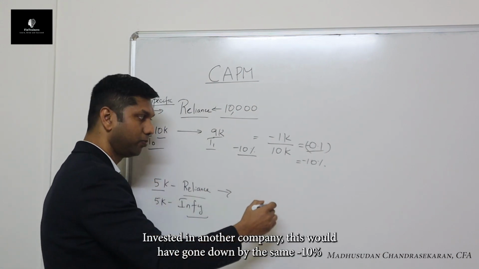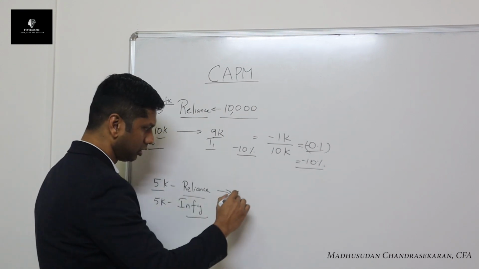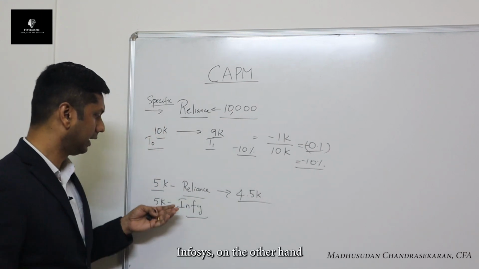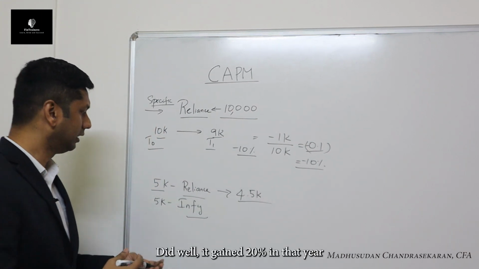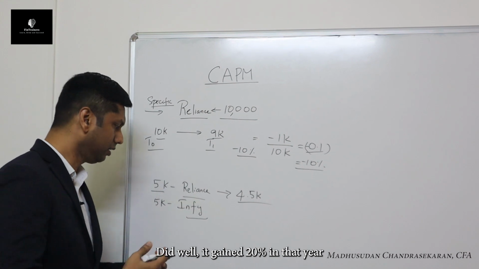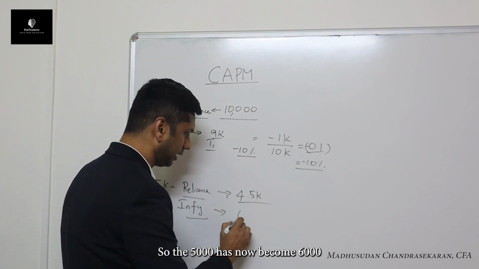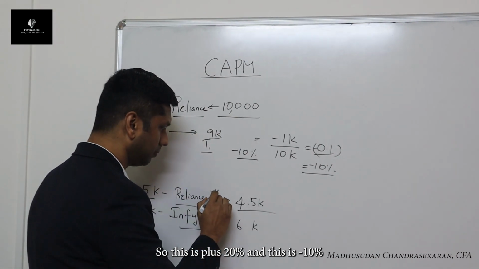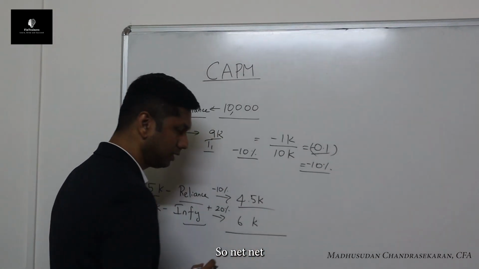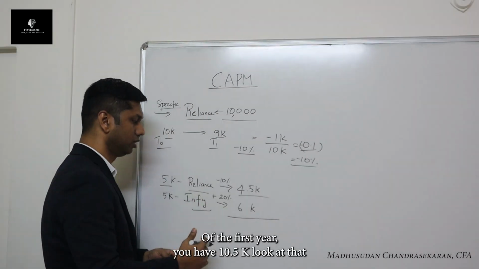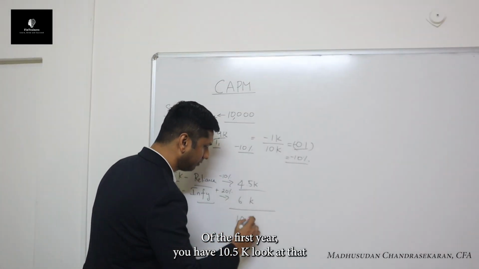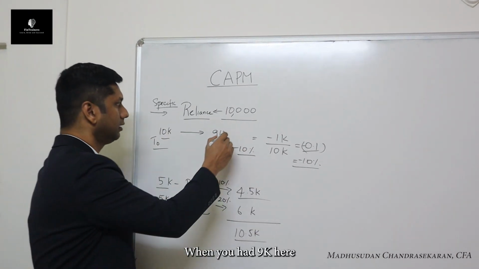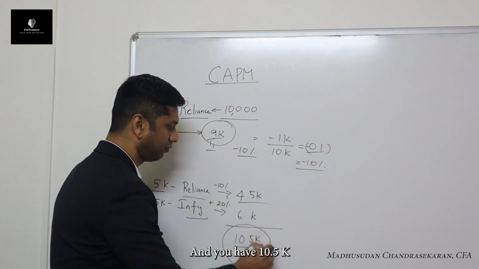So you will have 4.5 thousand. Infosys, on the other hand, did well. It gained 20% in that year, so the 5,000 has now become 6,000. So this is plus 20% and this is minus 10%. Net, at the end of the first year, you have 10.5k. Look at that. When you had 9k here, you have 10.5k here.